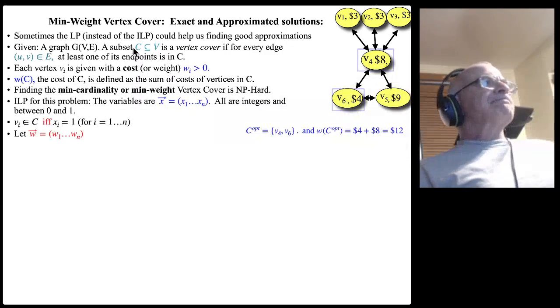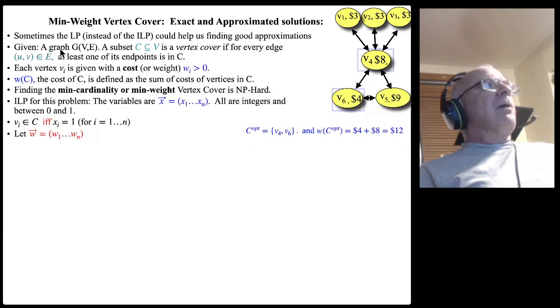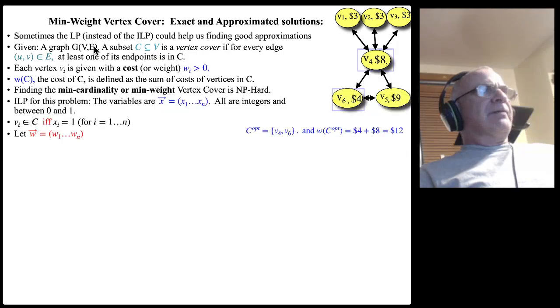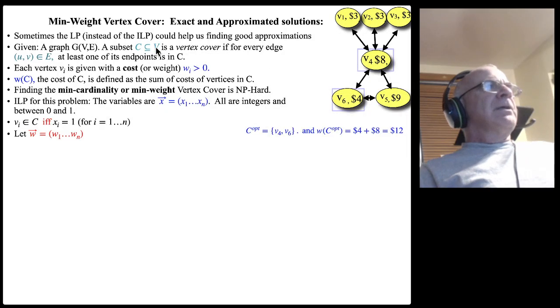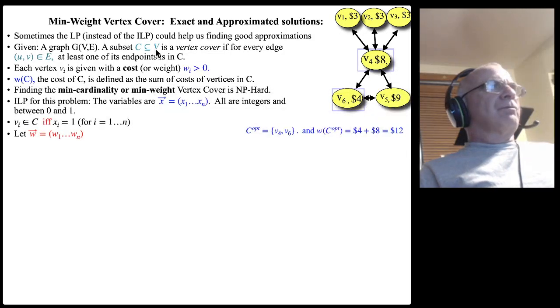So, what is the weighted vertex cover problem? First, I want to tell you what a vertex cover is. I'm given a graph, and I want to generate a subset of vertices such that each and every edge of the graph has at least one of its endpoints in the cover.